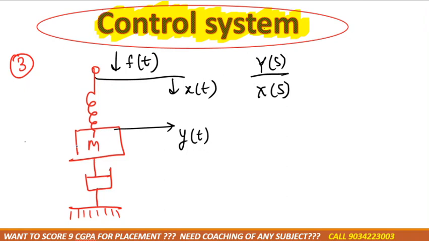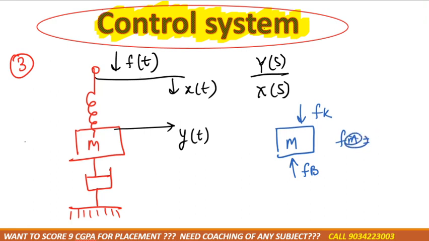As you can see, we need to look at the mass. Right? Mass is here. Force applied by the spring in the downward direction, that would be Fk. Force applied by the damper, that would be Fb. So we can say that Fk is equal to Fm plus Fb, right?